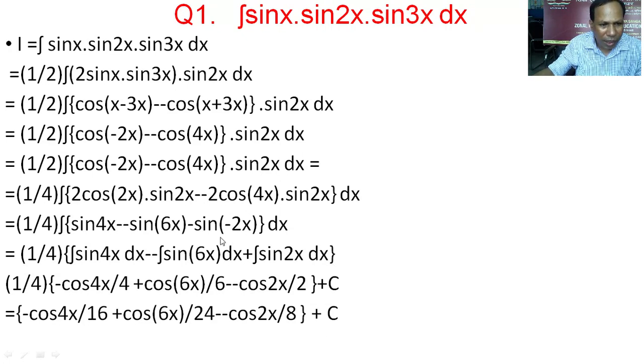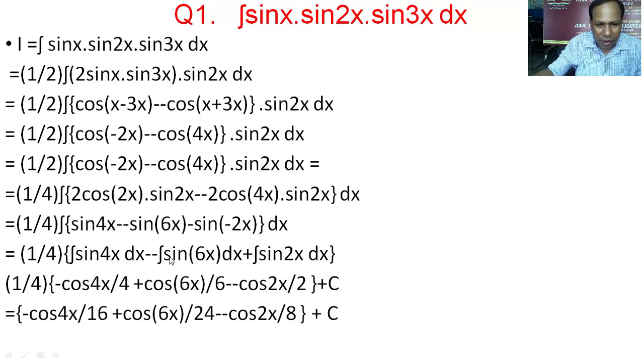Now we apply term by term integration. So it is 1 by 4 into integral of sin 4x dx minus integral of sin 6x dx plus integral of sin 2x dx. Now applying the integral result, as we know, integration of sine function is minus cosine function. So integral of sin 4x becomes minus cos 4x, and the coefficient of x is 4, so it is divided by 4.